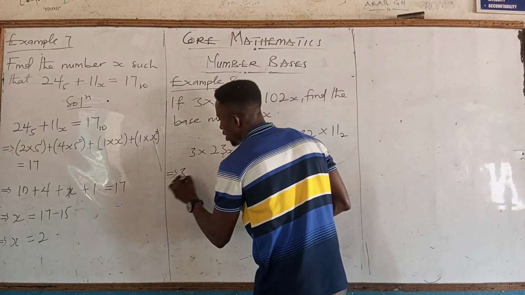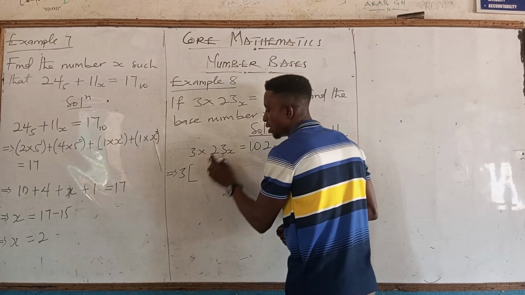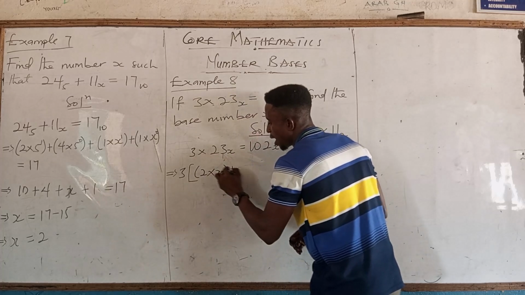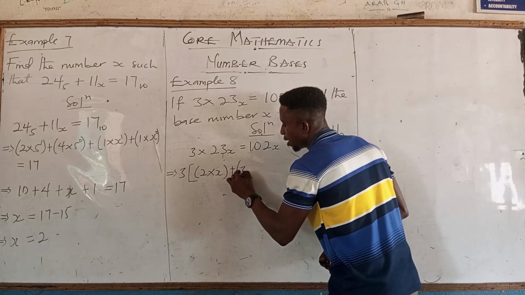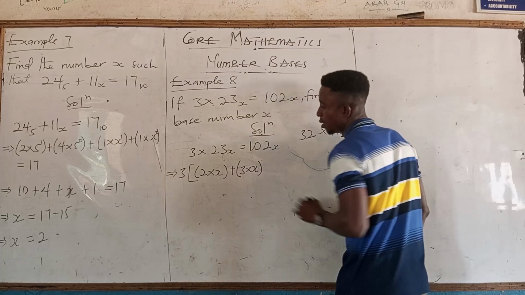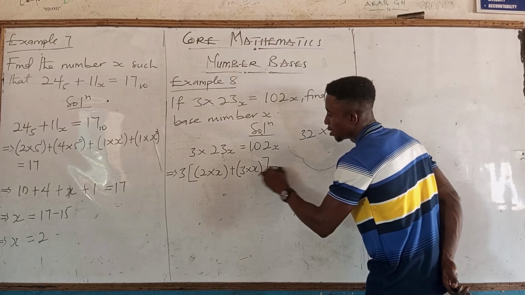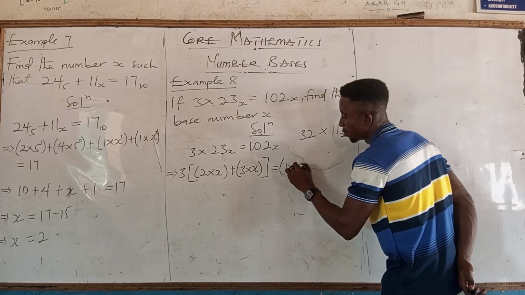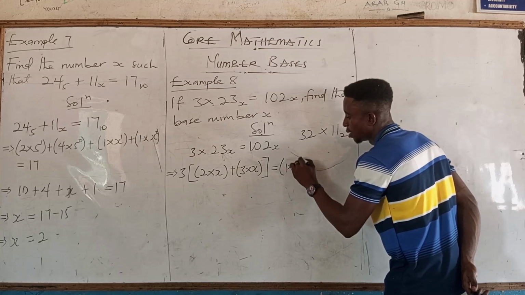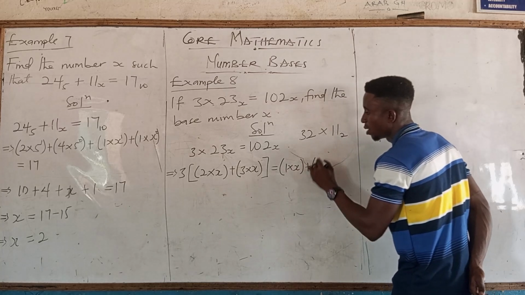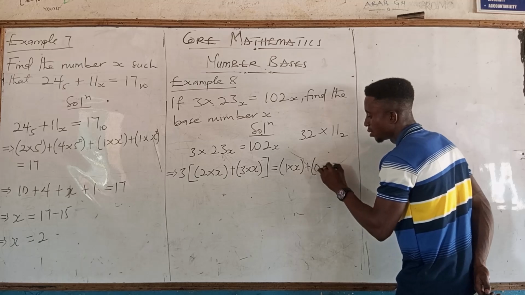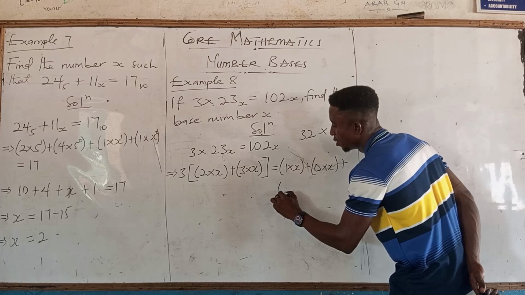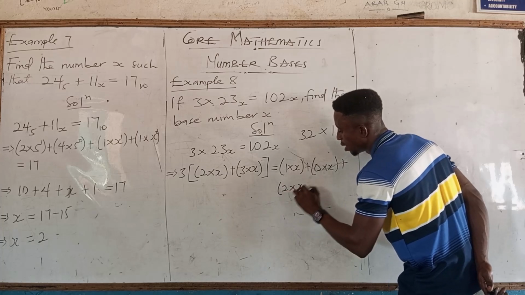So I'll have 3 multiplying, changing this one to be 2 times x plus 3 times x, which is equal to 1 times x again plus another 0 times x, then lastly plus 2 times x.